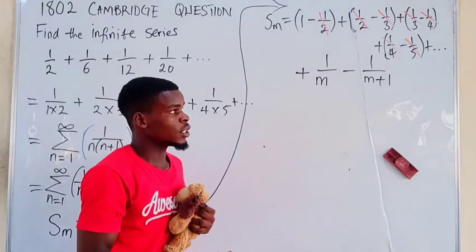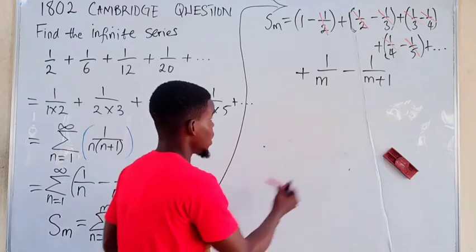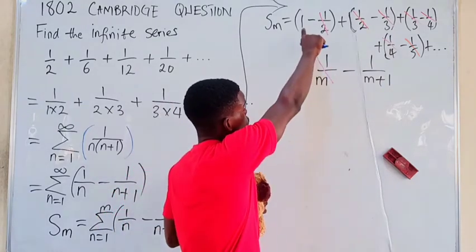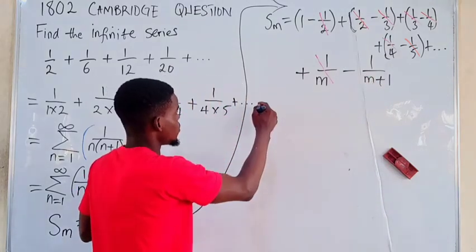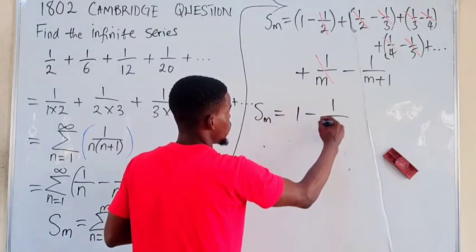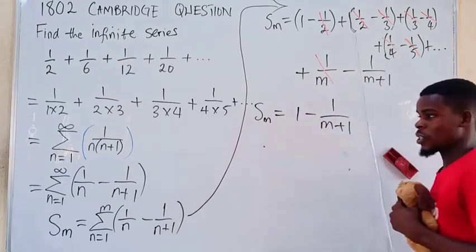Good. But notice that this series will keep on cancelling, and there is another term that will cancel out with this 1 over m. What we will be left with is 1 minus 1 over m plus 1. So I can put down the sum A sub m to be 1 minus 1 over m plus 1. Good. So that is the partial sum.